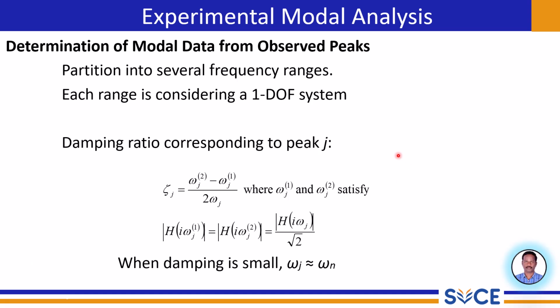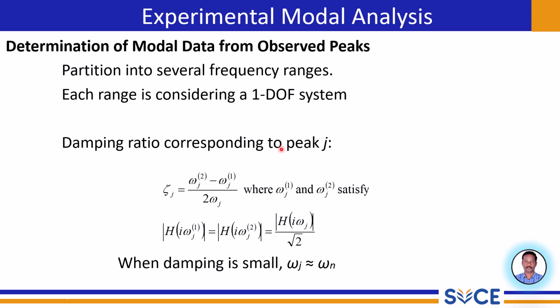In this slide, we can see the formula we discussed as a step in the previous slide to calculate the damping ratio. Specifically, we are focusing on using the peaks of the frequency response function. By partitioning it into several ranges of frequency and simplifying it for a single mode, we can formalize the half power bandwidth method.